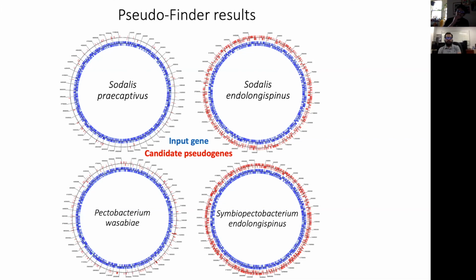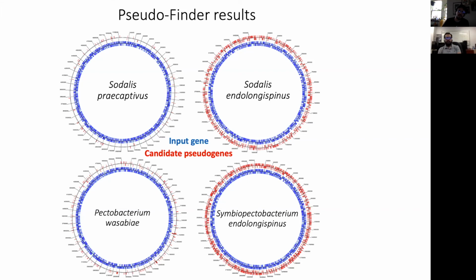So we think that this endosymbiont is actually derived from a close relative of Sodalis praecaptivus. And you can see that it has a lot of pseudogenes because it's been evolving in the host environment, in the host cytoplasm for quite some time.